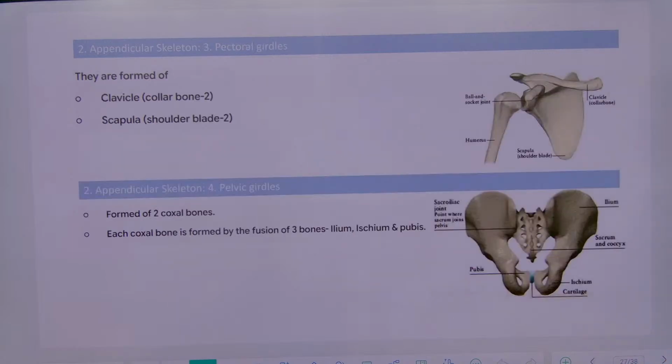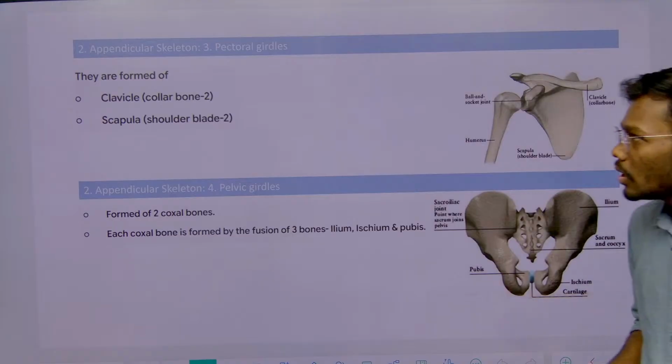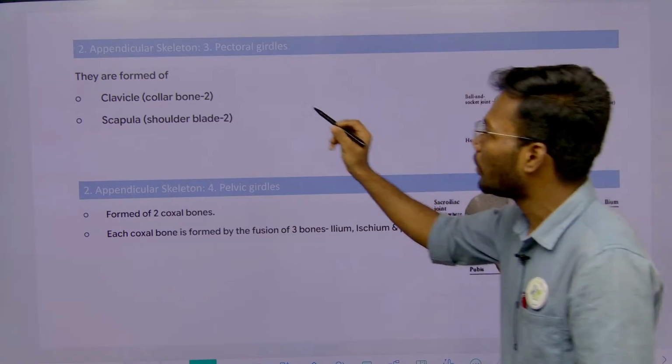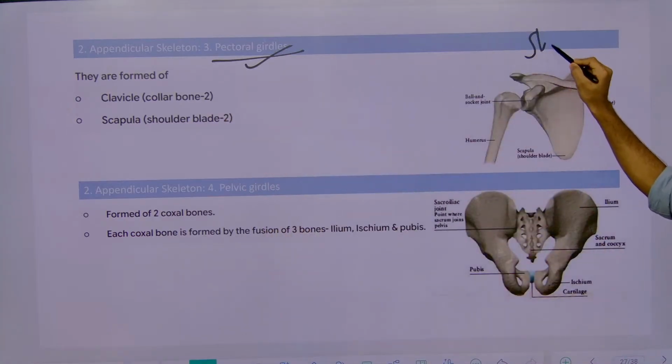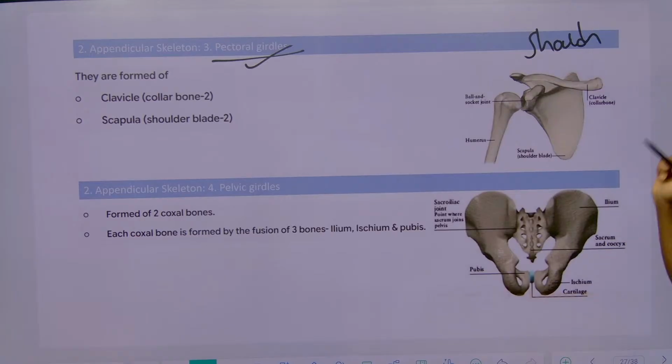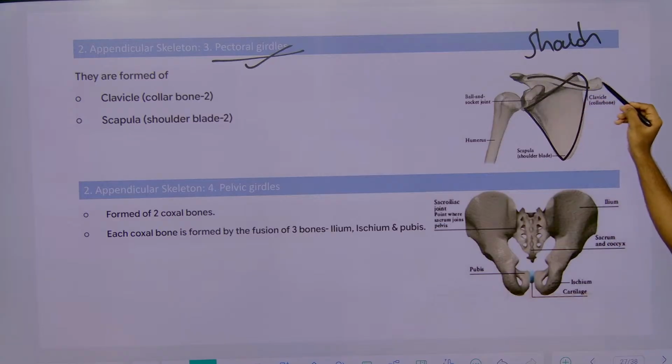After that, we have two girdles, the pectoral girdle and the pelvic girdle. If you see, this is the pectoral girdle. It is present where? In the shoulder region. If you understand this flat triangular shape, this bone is called the scapula, and this is called what? Clavicle.